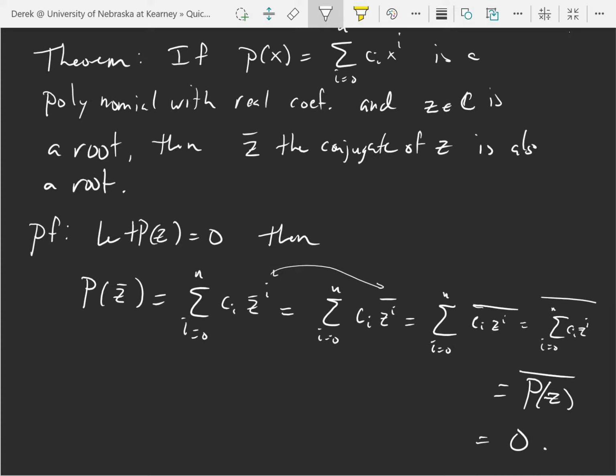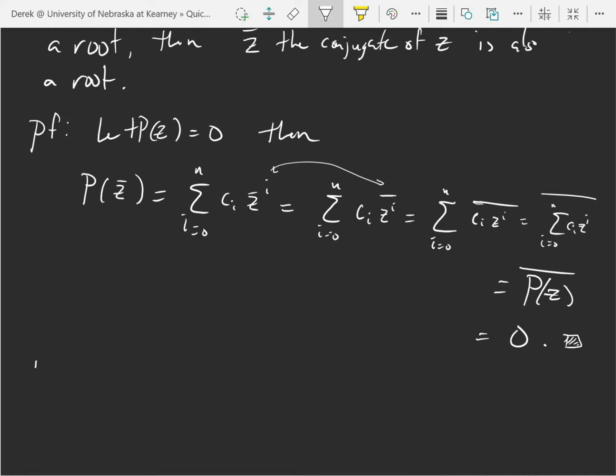Okay. So that's a silly little statement that I found another root that's a conjugate, but what that means is if you have complex roots, they come in conjugate pairs.